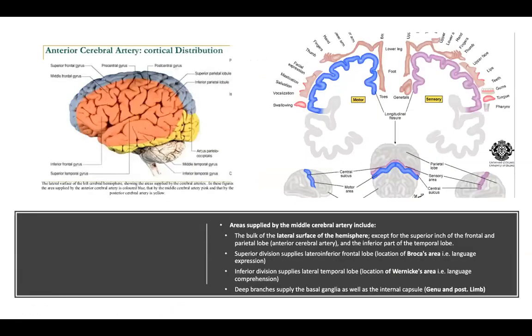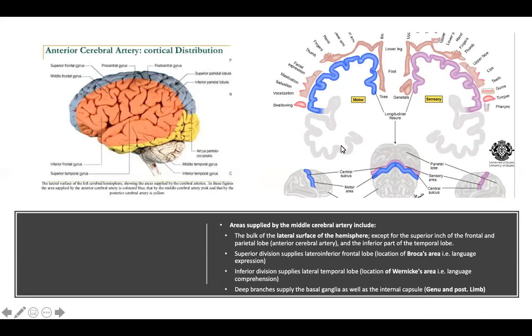Now, the brain as a whole has a motor area in the frontal lobe and a sensory area in the parietal lobe. But it's different when we have an MCA infarct from an ACA infarct in the location of involvement in the body. The way to know that is the motor homunculus, or the sensory homunculus.